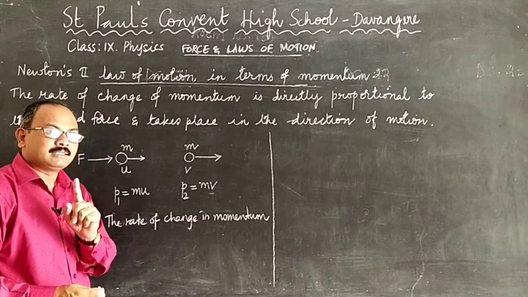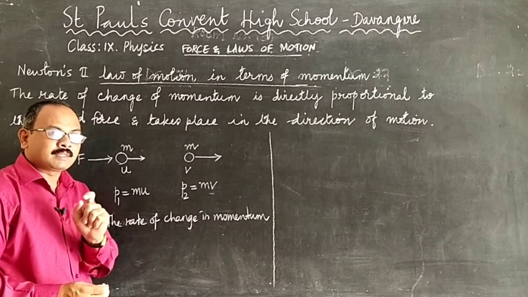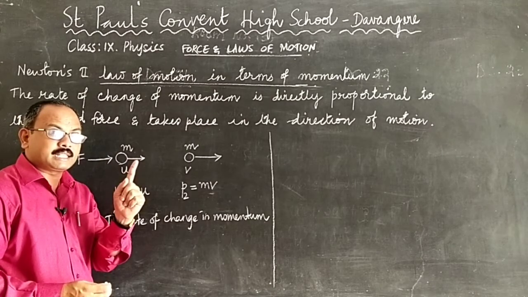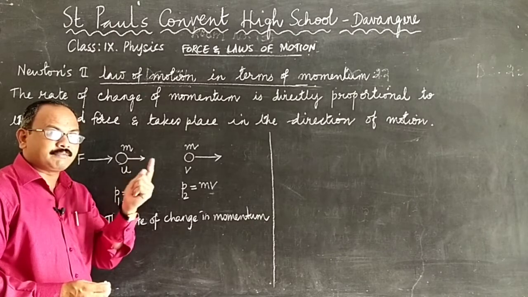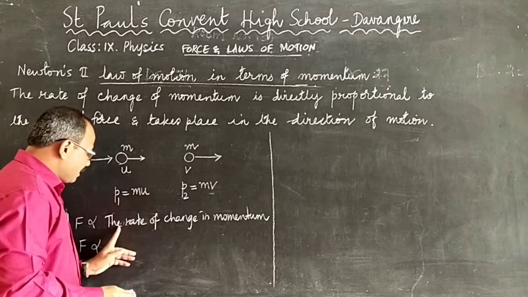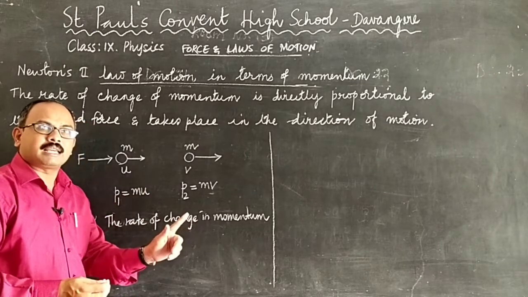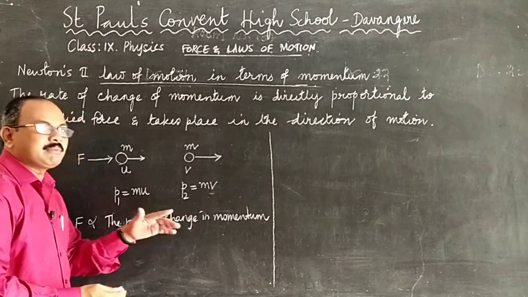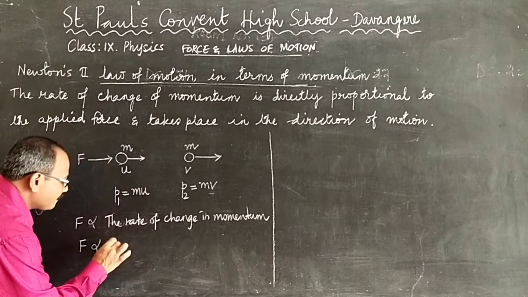Remember the definition of acceleration, the rate of change of velocity. Rate of change of velocity means change in velocity by time taken. Rate of change of momentum is nothing but change in momentum divided by time taken.